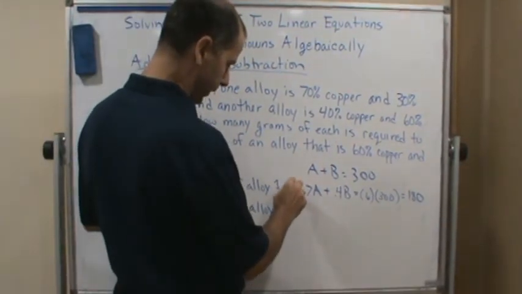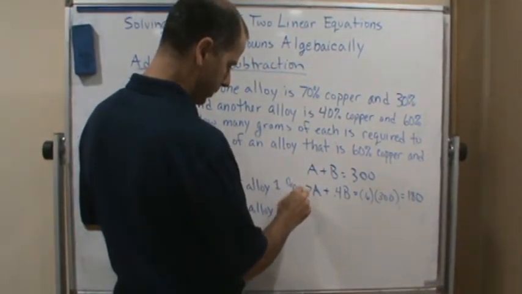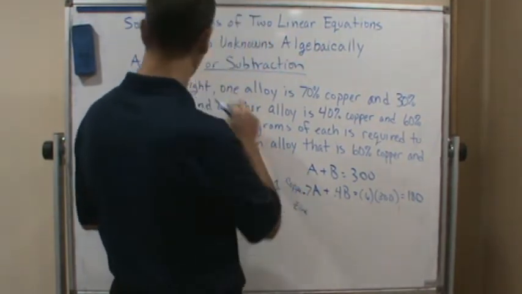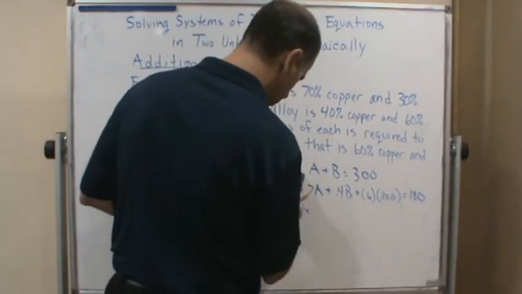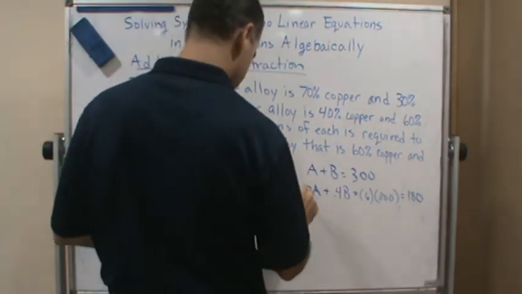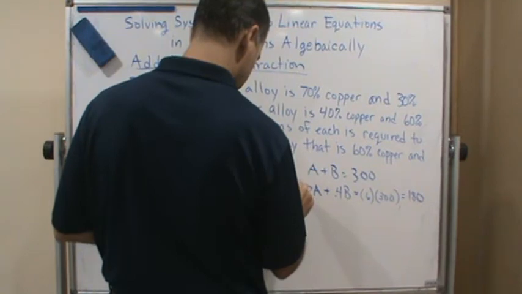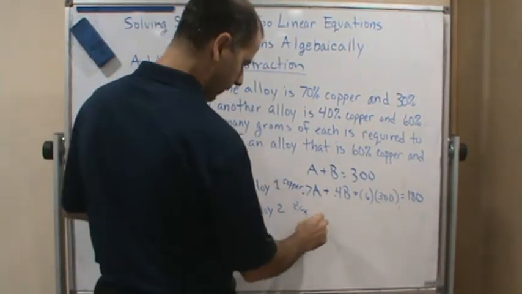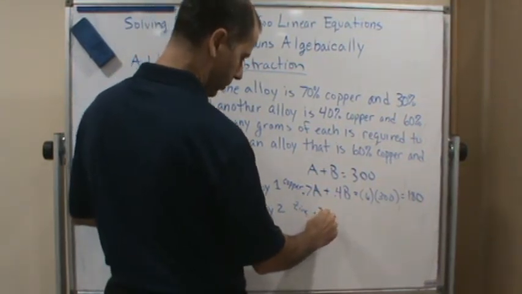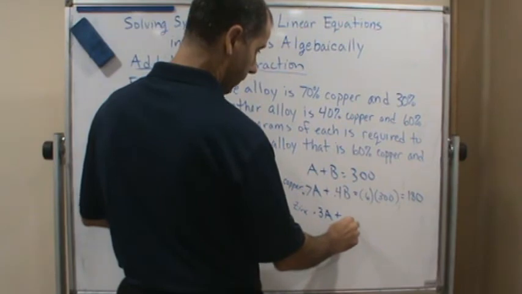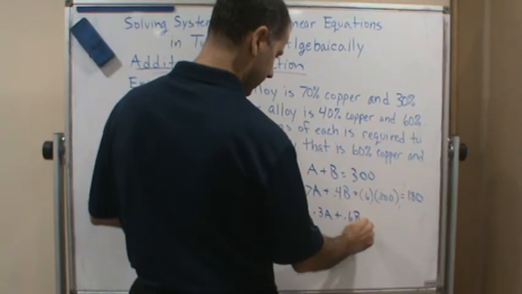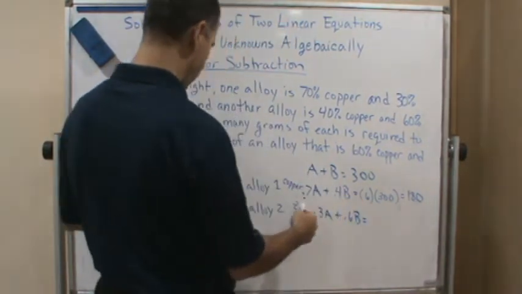So if I'm looking at copper here, so let's write copper for this one, that's 0.7 copper. And if I'm looking at it from the perspective of zinc, it's going to be 0.3 times A plus 0.6 times B equals, well, what?